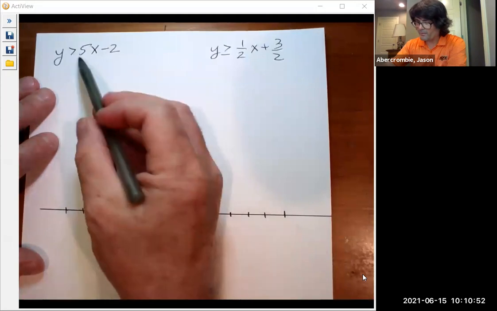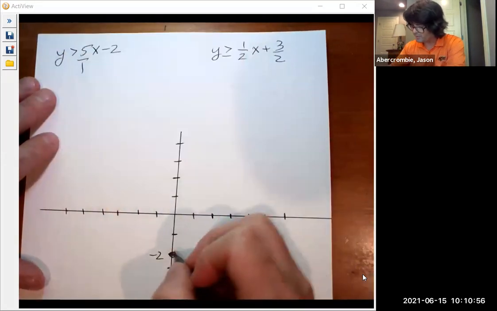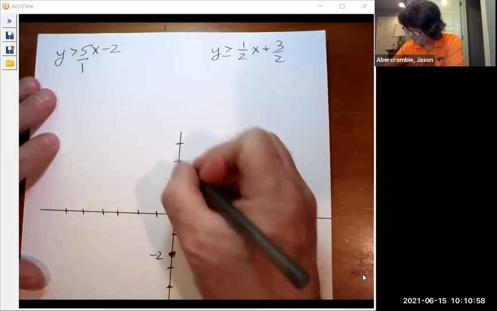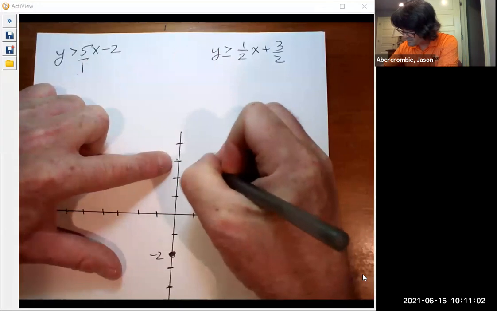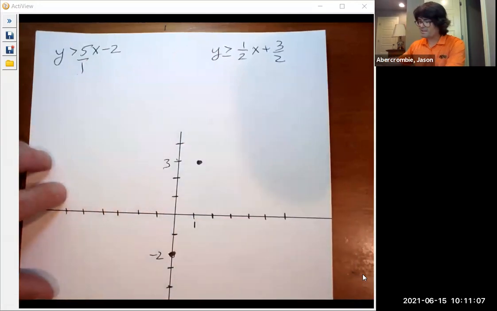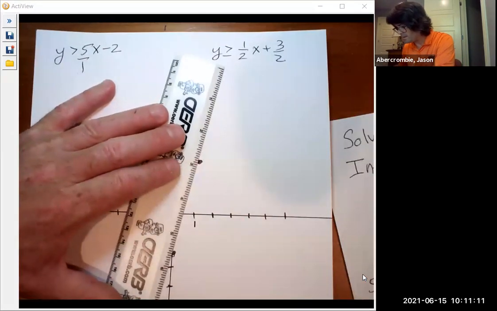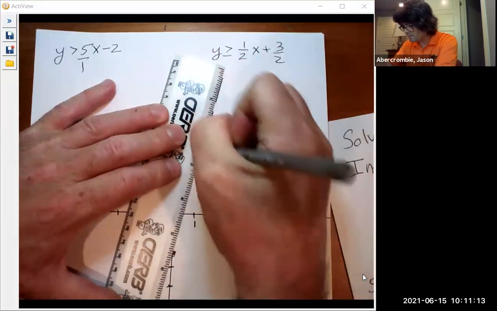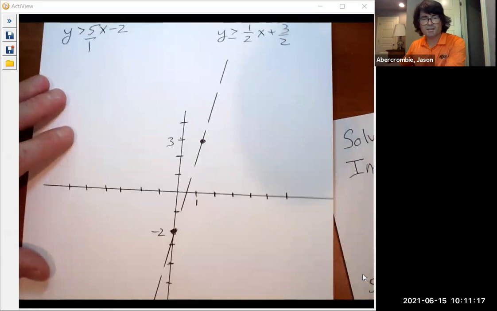We're going to go up 5 over 1, that's a rise of 5, a run of 1. So we'll go up 1, 2, 3, 4, 5, and then over 1. Like I said, this is going to be a dotted line, so I'm going to draw my dotted line here. So that's my first line.